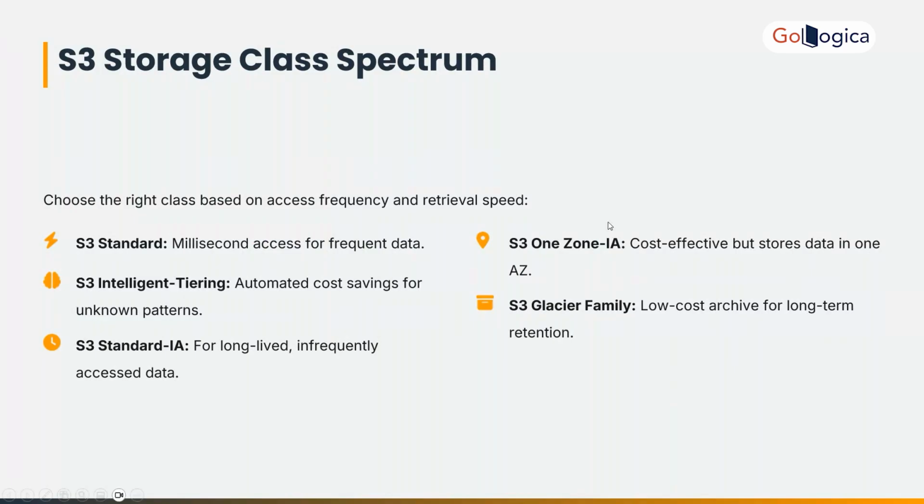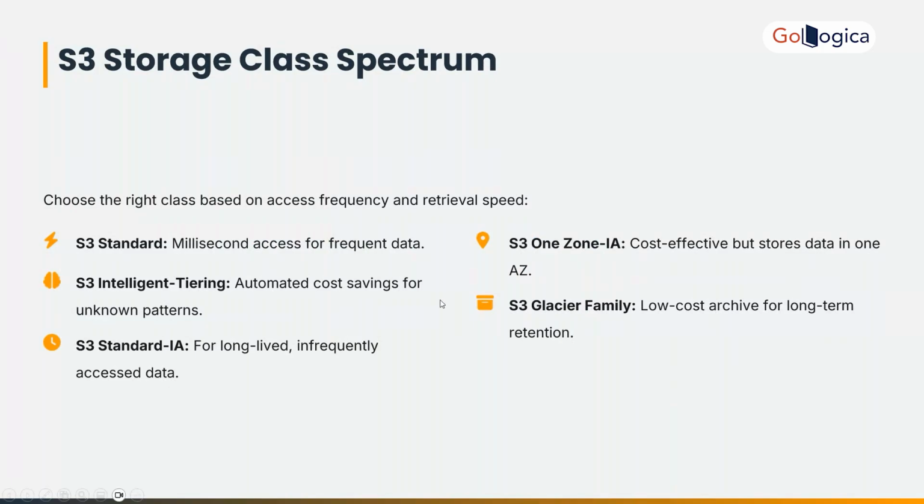So One Zone is cost effective but stores data in one AZ. Say you want just a secondary storage for your data. For that you can go for One Zone, where you don't need high availability of that data because you already have a copy in some other location.